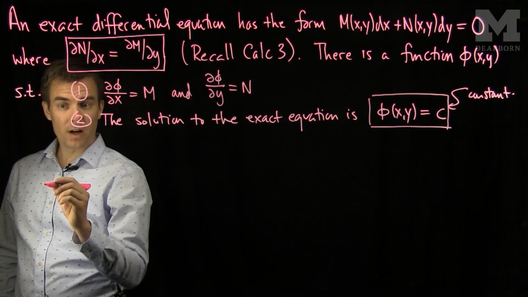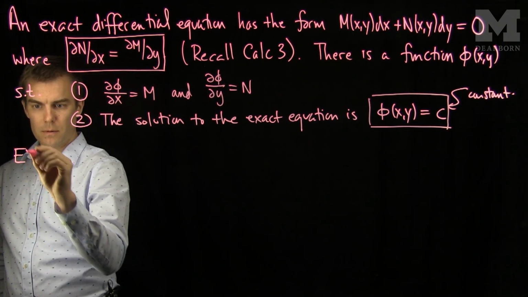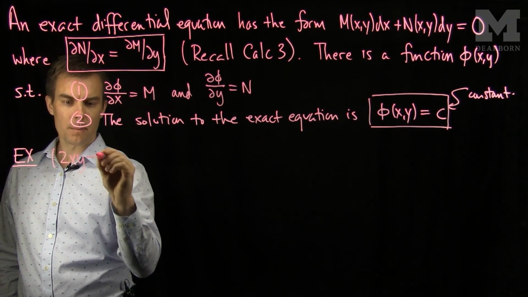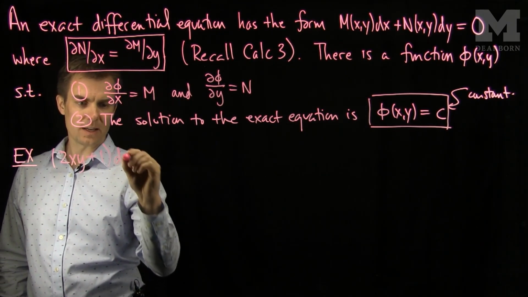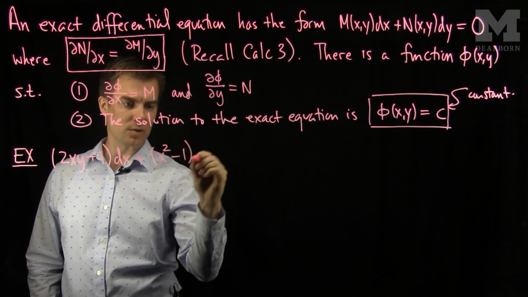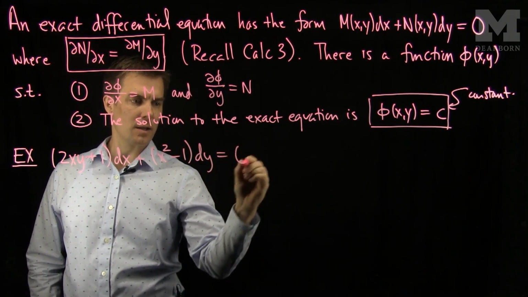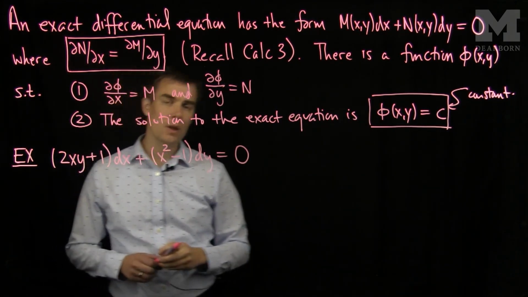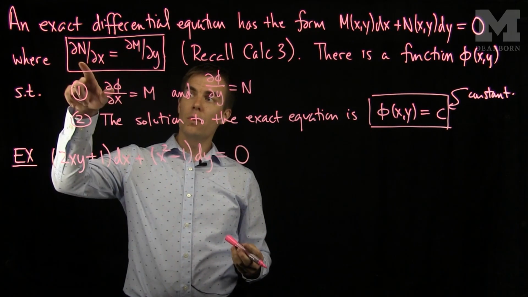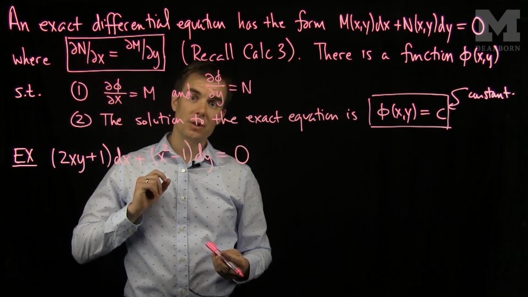Let's consider the following differential equation: (2xy plus 1) dx plus (x squared minus 1) dy equals 0. To check to see if this is an exact equation, we need to verify that this boxed condition is true.